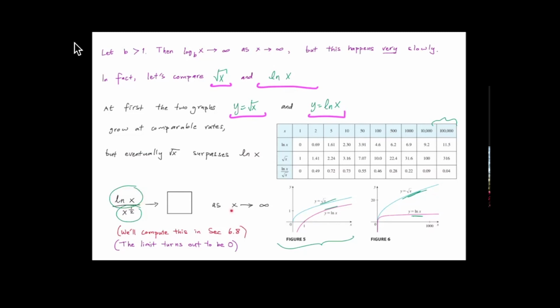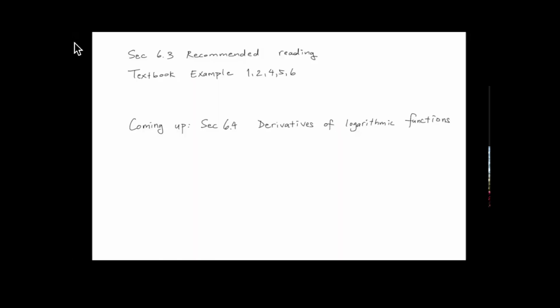So as x gets large, we would expect this ratio to go to 0. And in fact, that is true. And we will learn how to compute this in section 6.8 using calculus, as well as computing similar types of situations for other functions. In the next section, we will learn about derivatives of logarithmic functions and also how to use them to evaluate integrals.